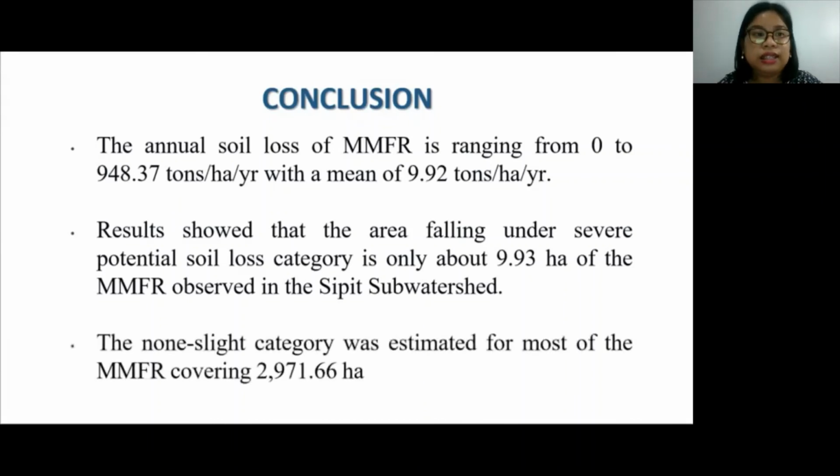And then lastly, the none to slight category was estimated for most of the MMFR, covering about 2,971.66 hectares. The study also indicated that cover management and topographic features contributed the most among all the factors of surface soil erosion considered in the study.